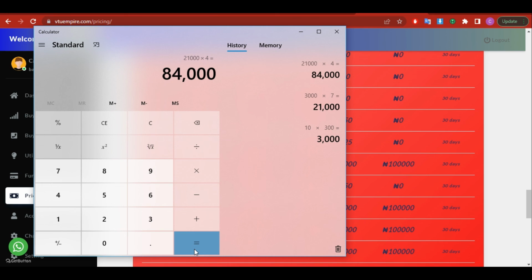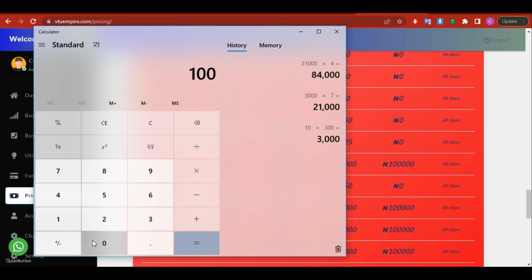So you're sitting at the comfort of your home doing this, you have 84,000, and you could even earn more. You can't limit yourself. Let's say we have 200 people that we meet or know daily, that we always top up, always buy data. Let's say in that 200 people, 100 people actually bought from you.